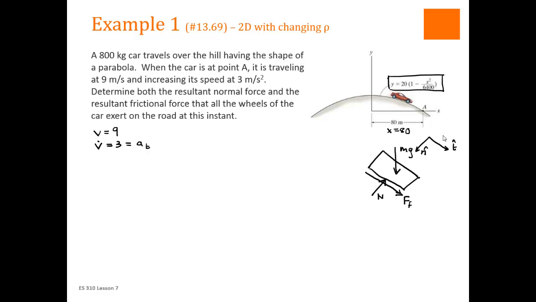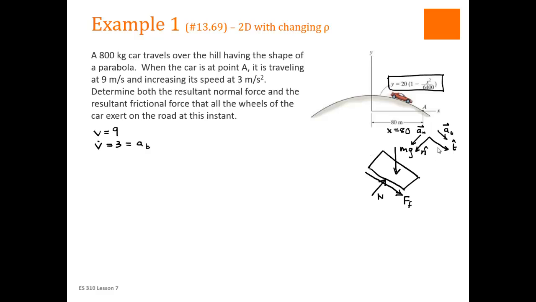So we're going to say that the acceleration tangentially is going to be that direction as positive. The acceleration normally is going to be that direction as positive. Oh, those don't have hats on them, they're just vectors. There we go, they're vectors. Alright, so here's our free body diagram. N and F_F are in the directions we need them to be.